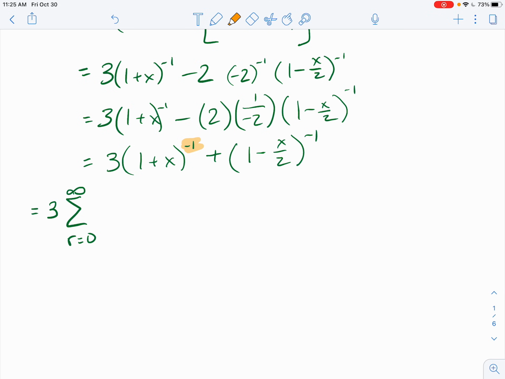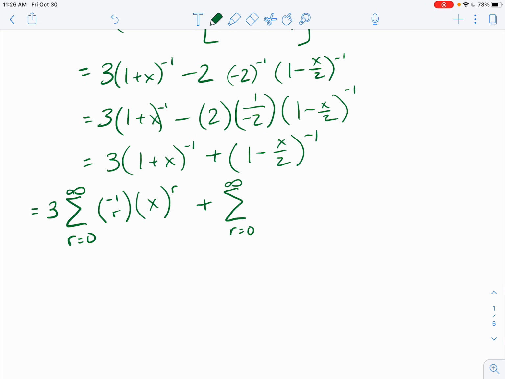It's not, so we need to have an infinite sum instead. It's the exponent n choose r, and then this becomes x, whatever that b value is, raised to the r power.